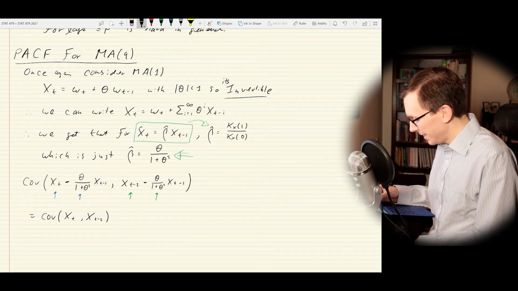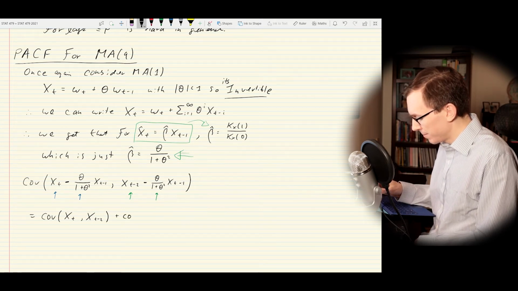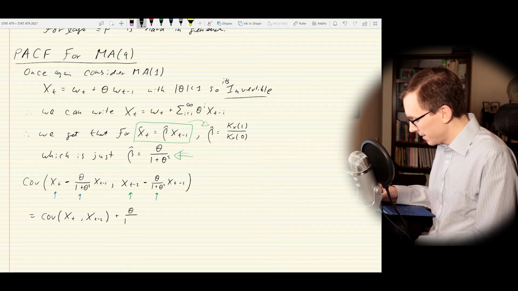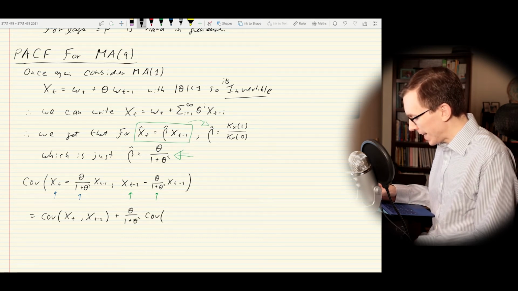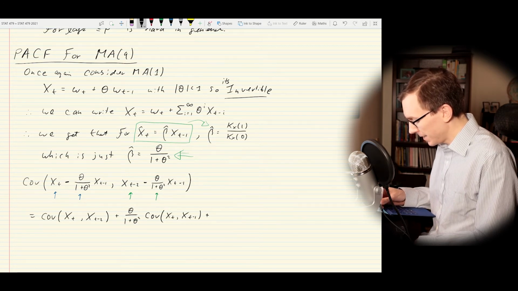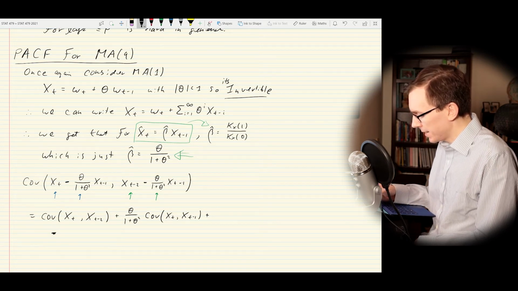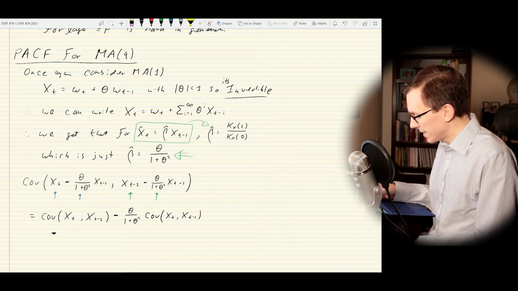And the covariance, well, bilinearity, so I'm going to take out that coefficient, and we're going to have xt minus 1, and then we're going to have another thing that looks kind of like that, but we're going to get a minus sign over here, minus that, and then we're going to subtract the next guy.